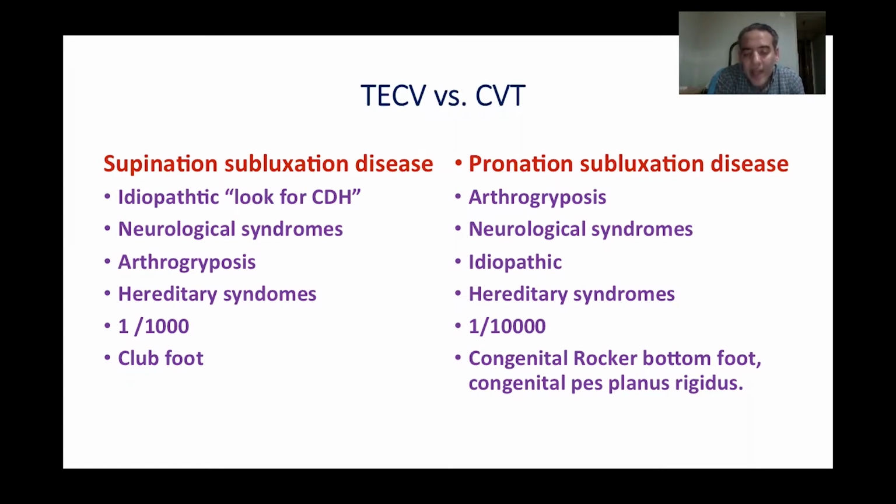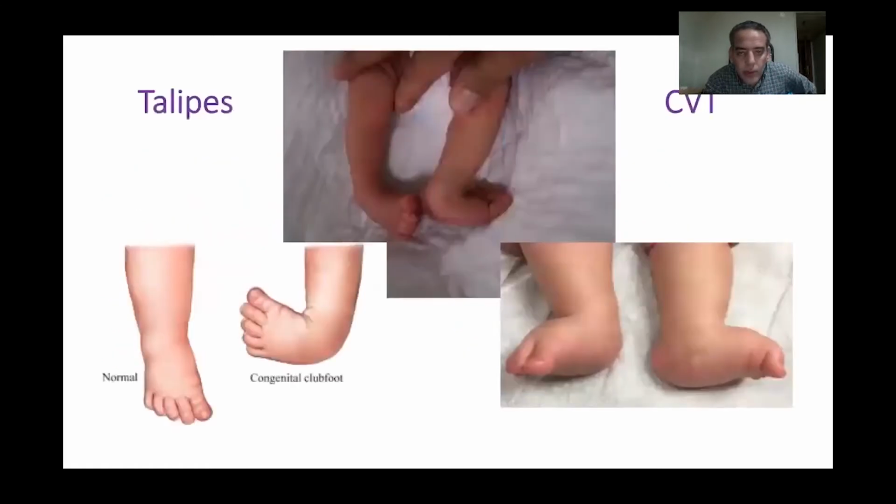Its incidence is 1 in 10,000. The other names for it: congenital rocker bottom foot deformity, we'll see that later, and congenital bisplanus rigidus.